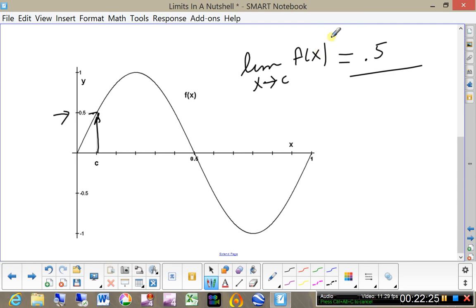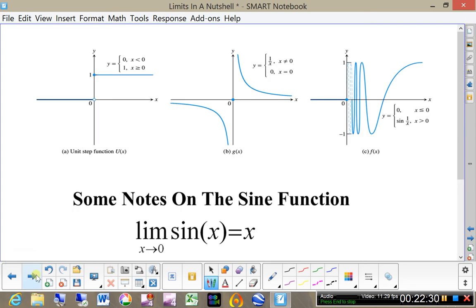Now, if you'll look at the functions here, the first graph is a discontinuous function defined piecewise.